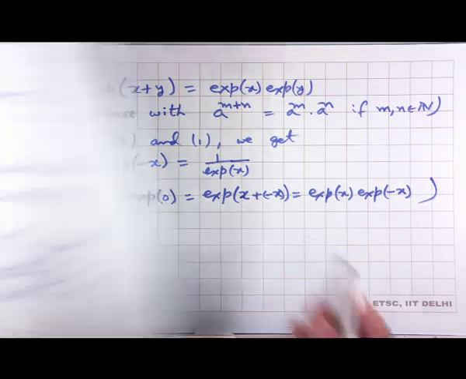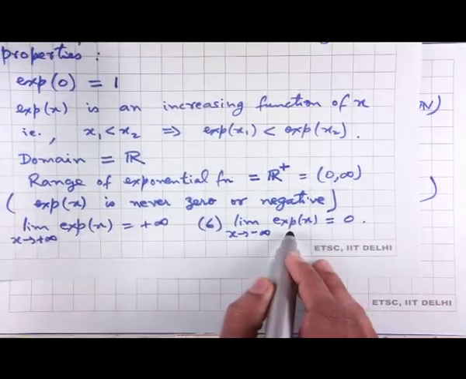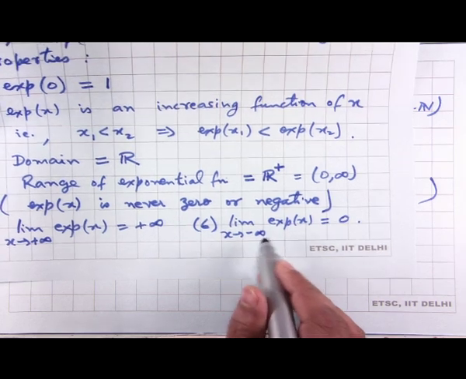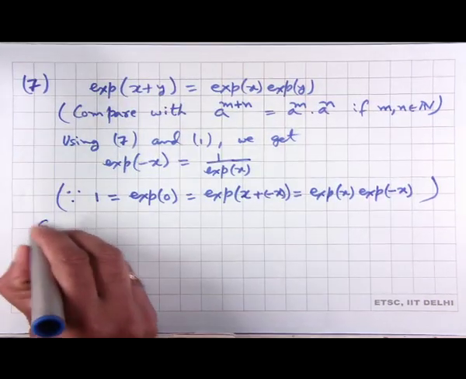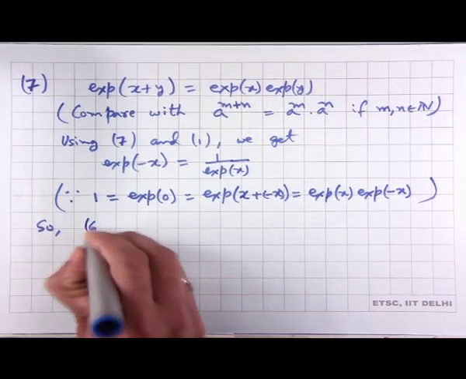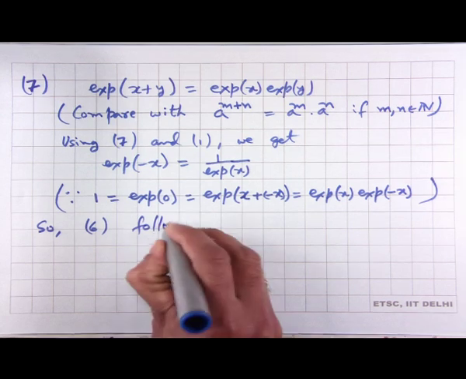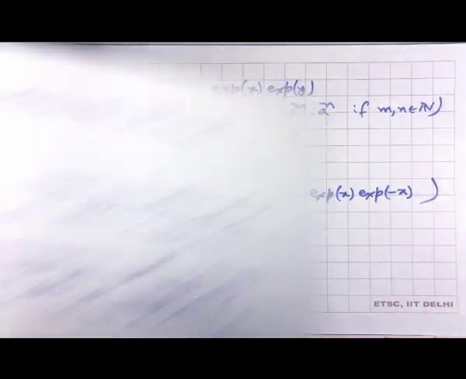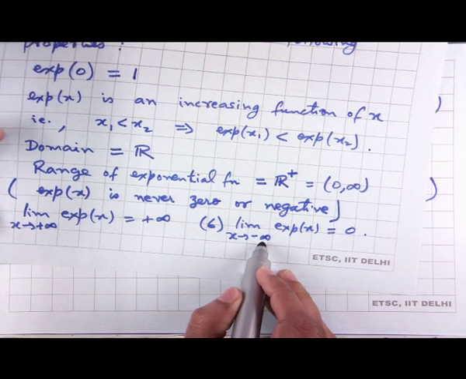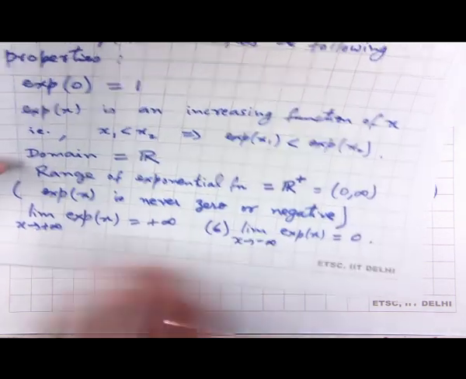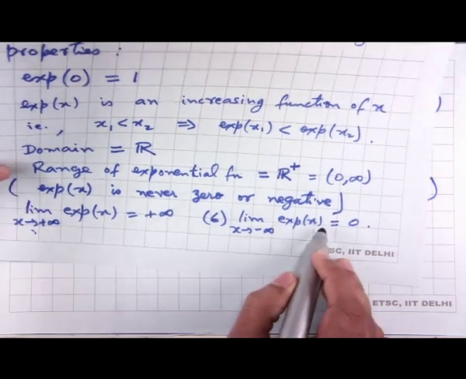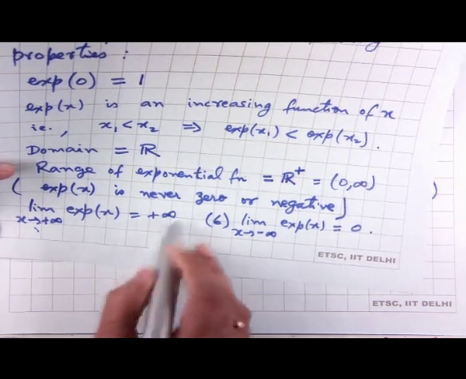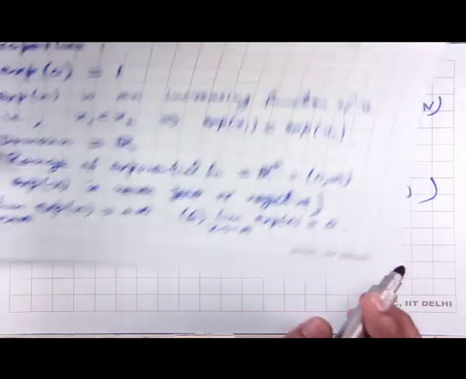So, now you can see from this 6 also follows, because if x goes to minus infinity, six follows from 5, because as x goes to minus infinity, minus x goes to positive infinity, and this exponential of x you can write as 1 over exponential of minus x, that goes to positive infinity, and 1 over infinity goes to 0.